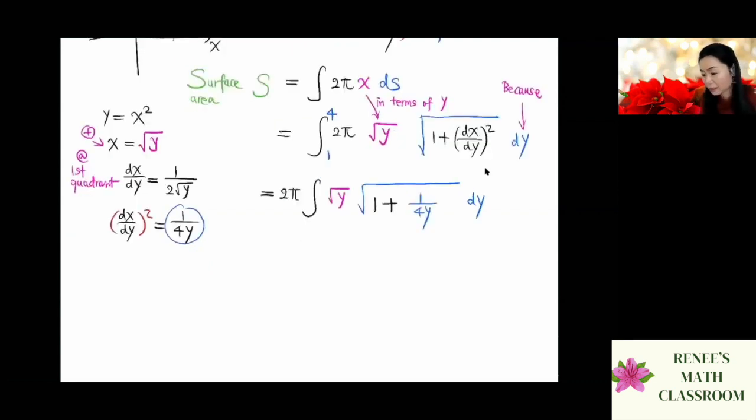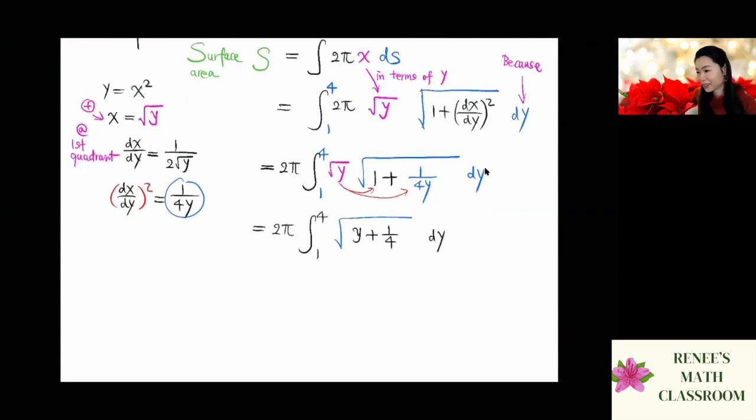Now you can multiply this in, right? They distribute. Oh, don't forget the upper and lower limit. It's from 1 to 4. Then this becomes 2 pi integral, and it is the square root of, you're going to get y plus 1 over 4 over here, and then this is dy. Y goes from 1 to 4.